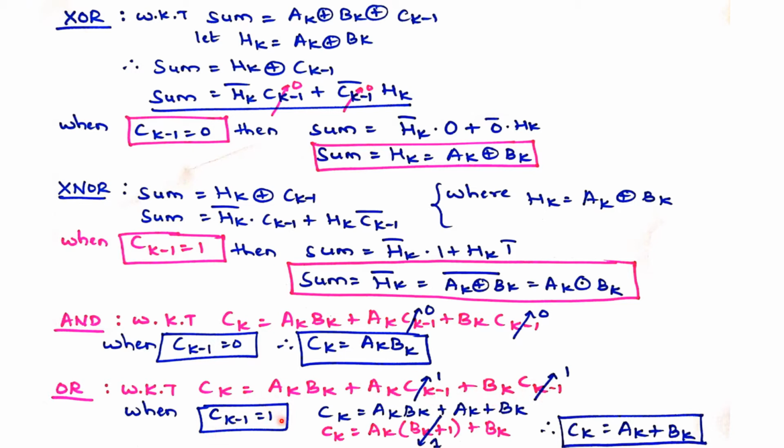If carry input is set to 1, carry out expression is OR operation of A and B. So to perform AND and OR operation, consider carry output expression and substitute carry input as 0 to get AND result, substitute carry input as 1 to get OR result.